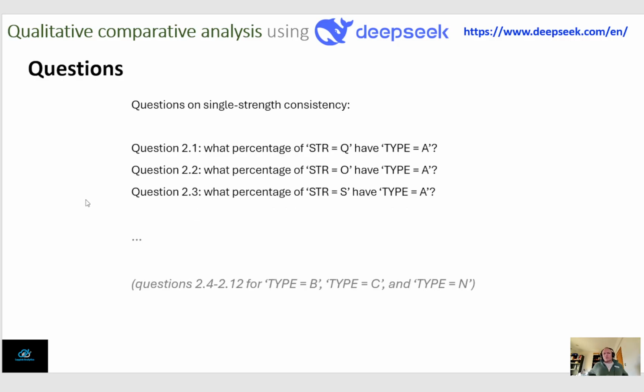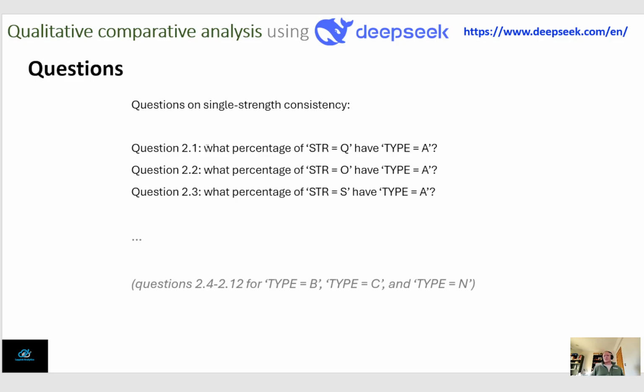Then there are questions on what we call single strength consistency. Single strength, because each sales rep has one of these skills listed as strength, either Q or O or S, right? Either questioning, opening, or summarizing. And what is consistency?